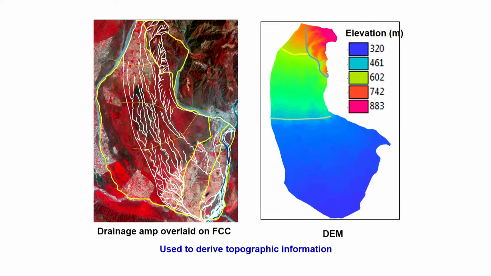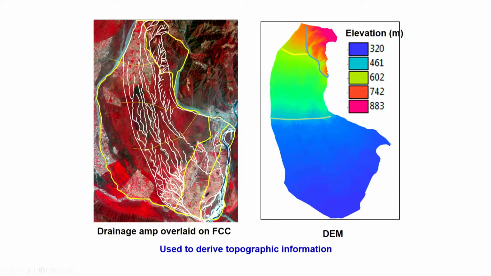Just for example, I am showing you, suppose this is the satellite remote sensing data, and over that I have put the drainage map, because drainage map helps us find out the slope of the land. If drainage density is high, then I can say slope is more.